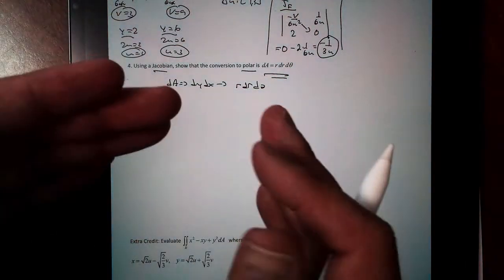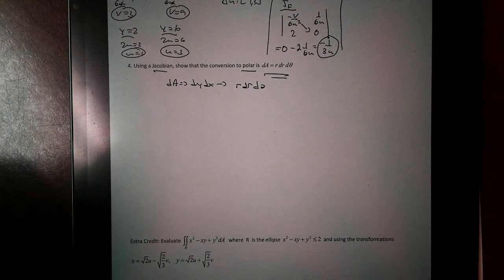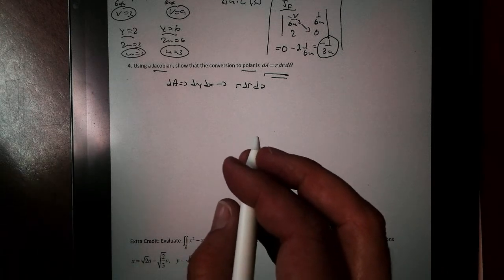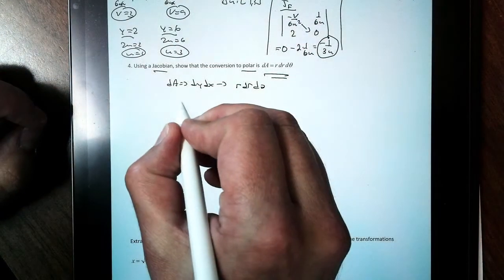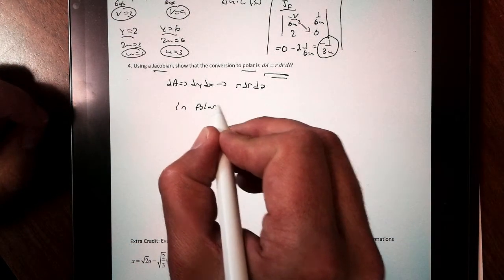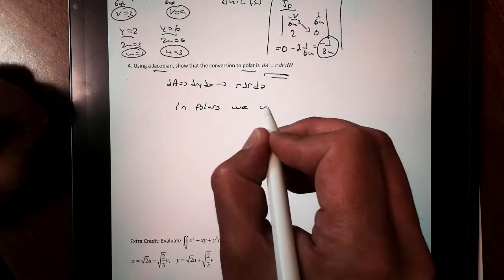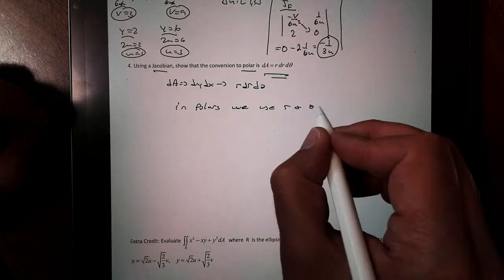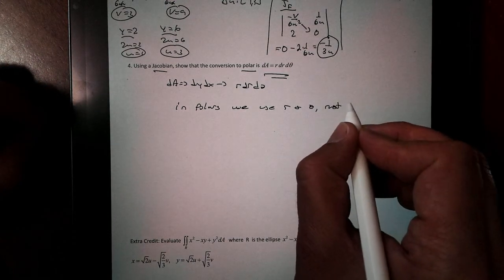That's our rule for polars. We want to prove this. The only difference is in polars, we're going to use r and theta, not u and v.